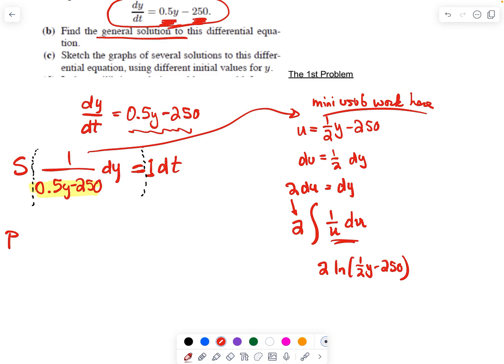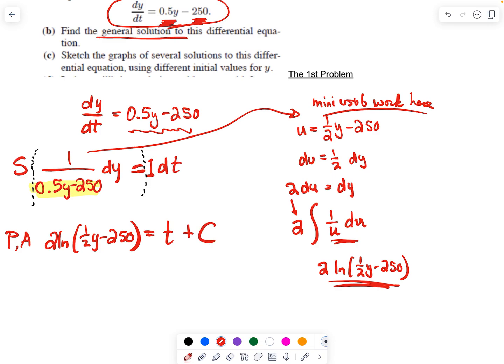All right, I'm going to do the p and then the a. That's the antiderivative on the left side, because we've got everything ready to make it 2 natural log of 1/2 y minus 250. It should be an absolute value. Equals, on the right side, that's just t plus c.